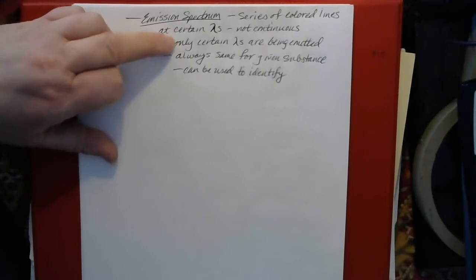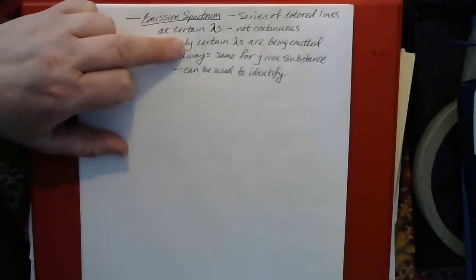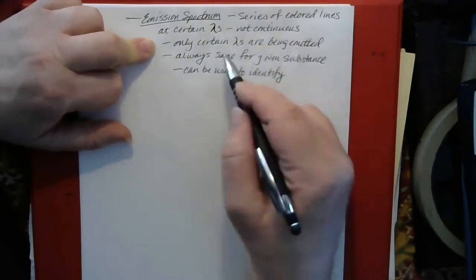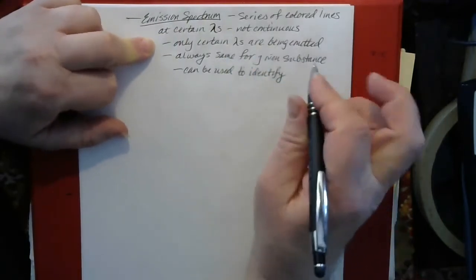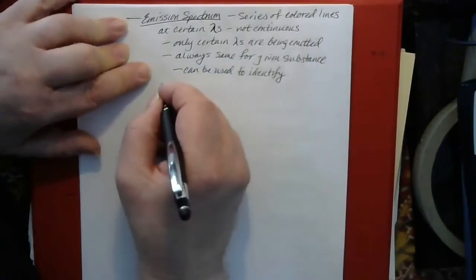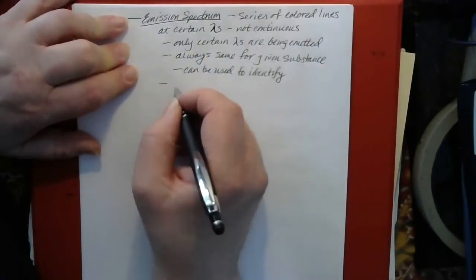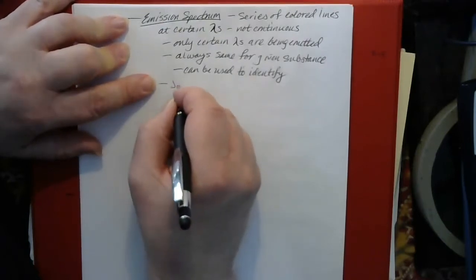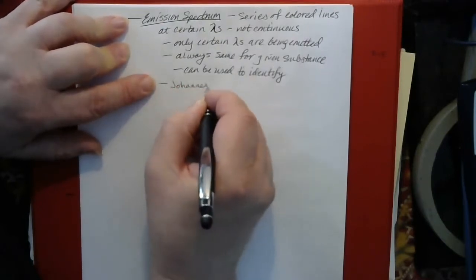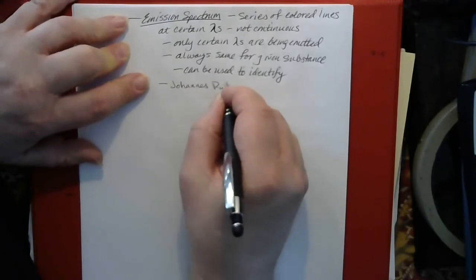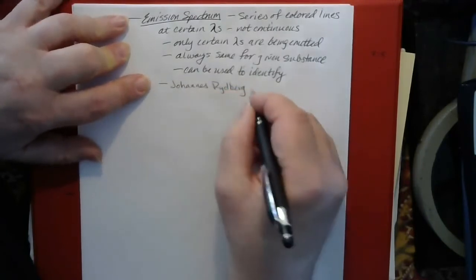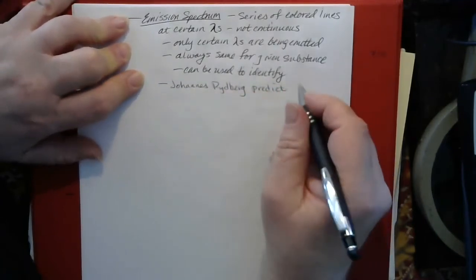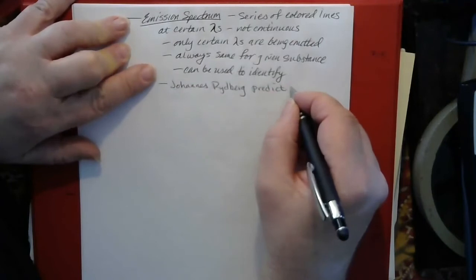So there's something about the structure of an atom that causes certain wavelengths to be emitted and certain other wavelengths not to be emitted. In, I think it was around 1900, well, not too long afterwards, Johannes Rydberg was able to predict the wavelengths of the hydrogen spectrum.